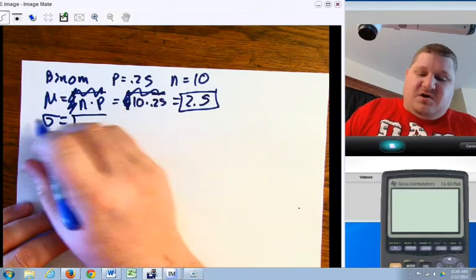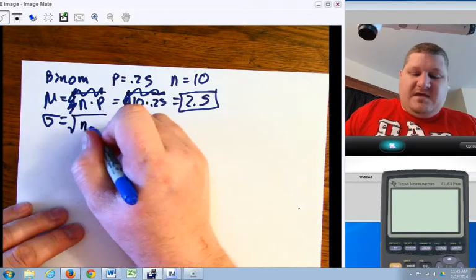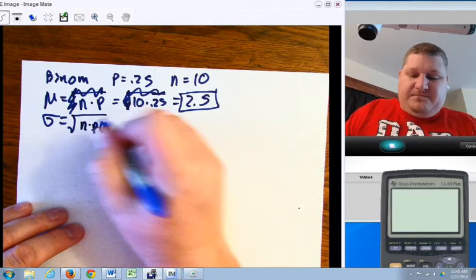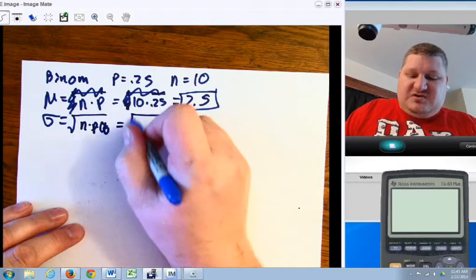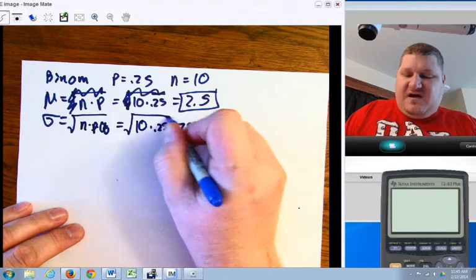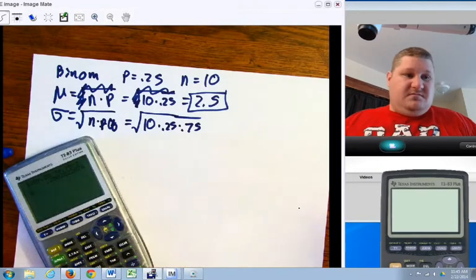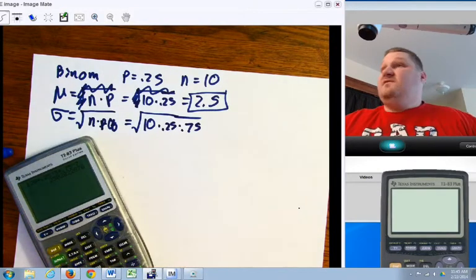The square root goes with the standard deviation, because standard deviation is always a square root in PQ. So I have the square root of 10 times 0.25 times 0.75. Actually, it's probably easier to see if I use this other calculator over here.